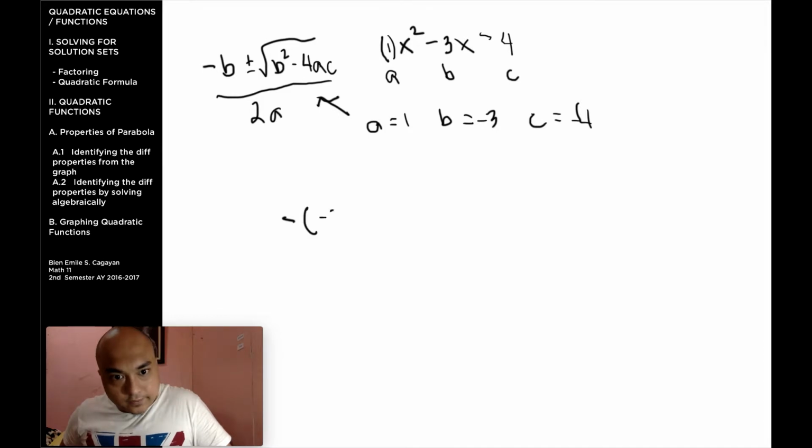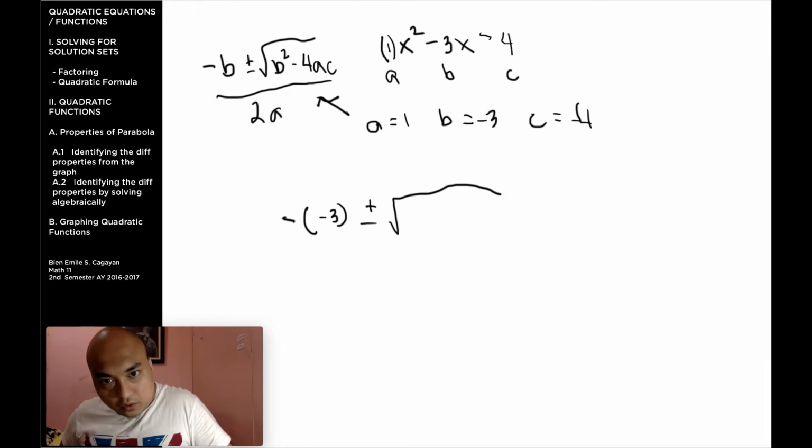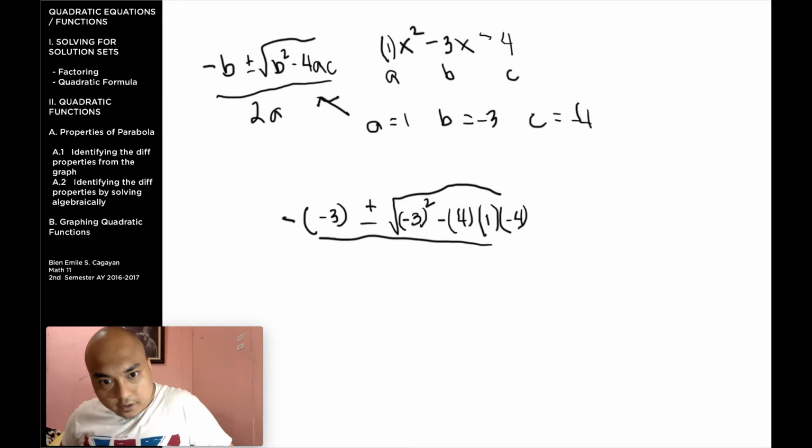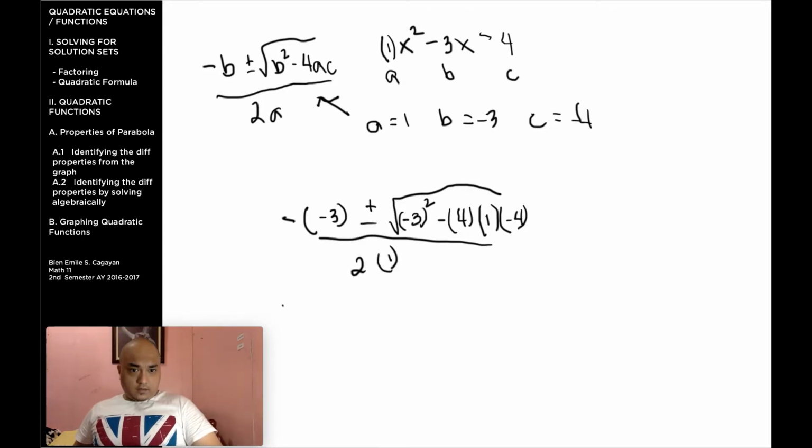Negative of negative 3 plus or minus the square root of negative 3 squared minus 4 times 1 times negative 4, over 2 times 1, which is equal to 3 plus or minus the square root of 9 minus 4.